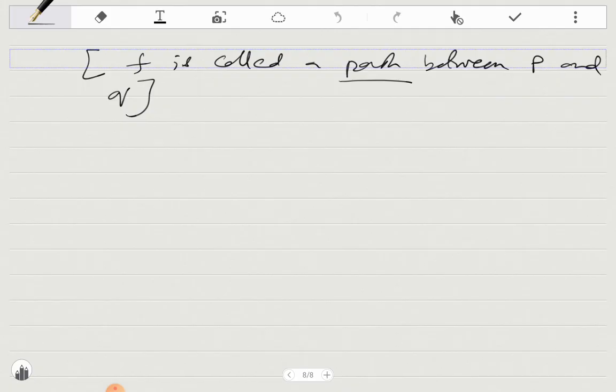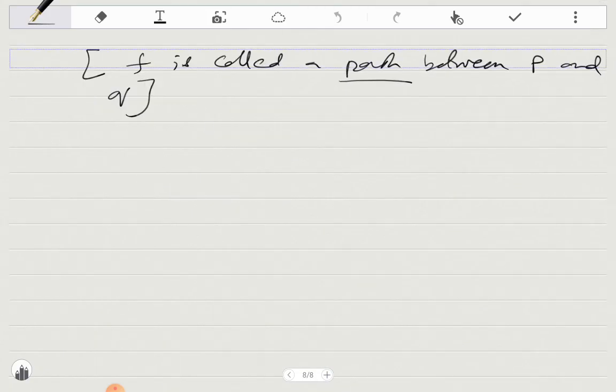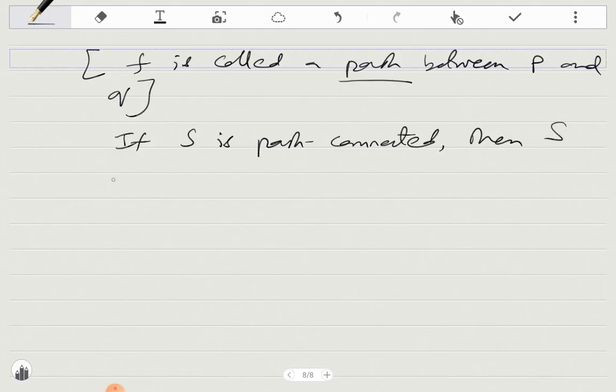Now, using the first and second properties in this proposition, one can check the following, that if S is path connected, then S is connected.